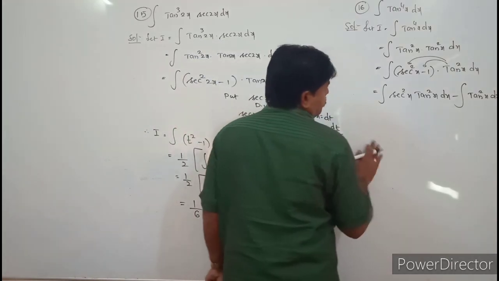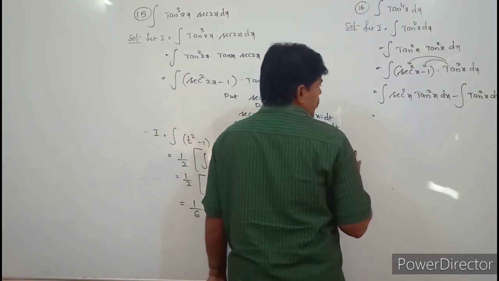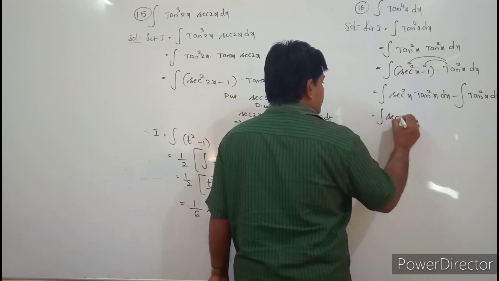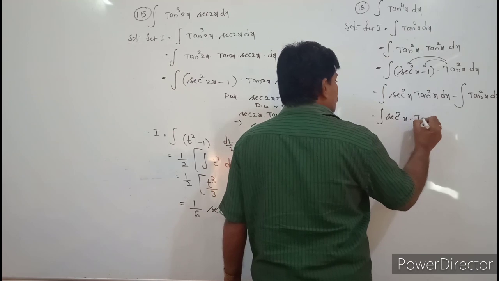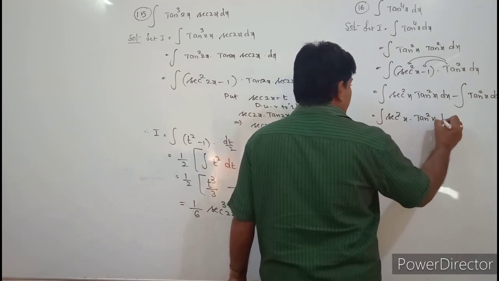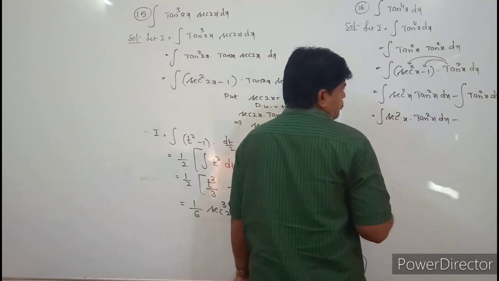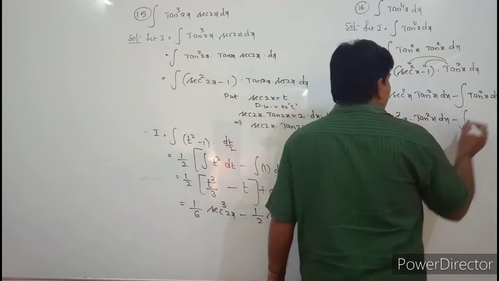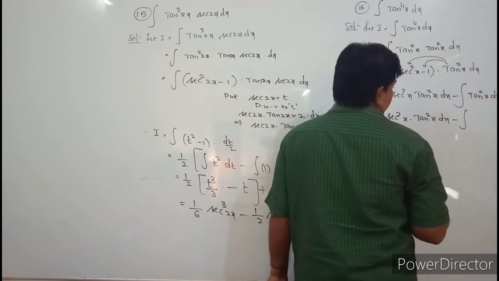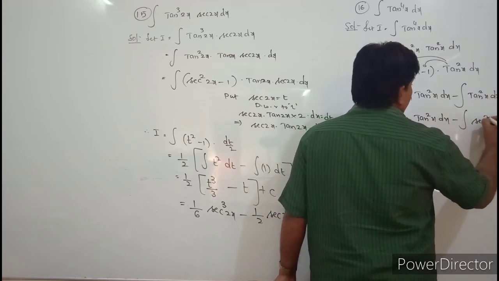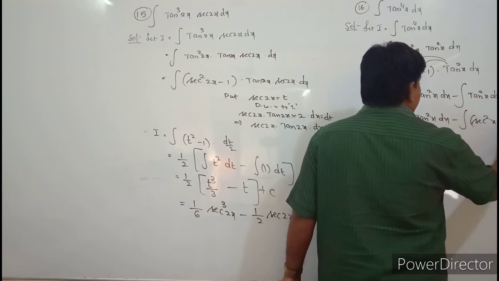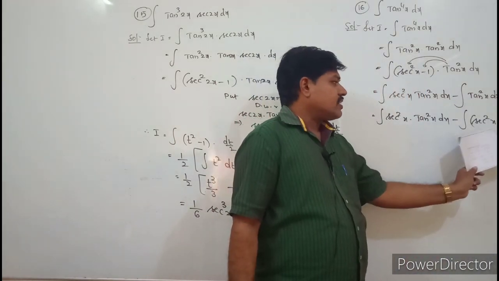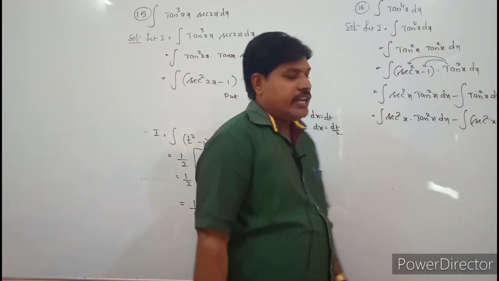So that is equal to integral of secant square x into tan square x into dx minus integral of this tan square x, which you can write as secant square x minus 1 into dx.